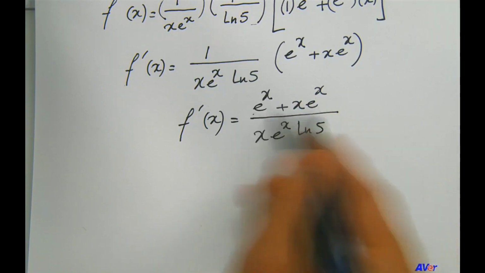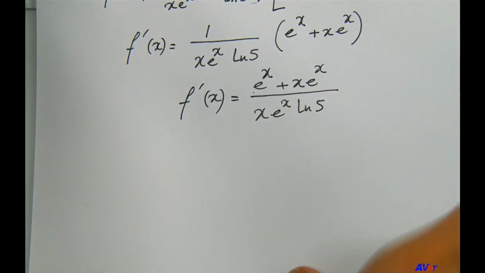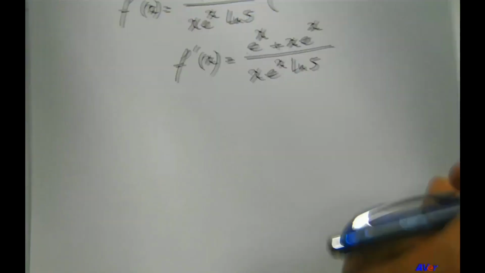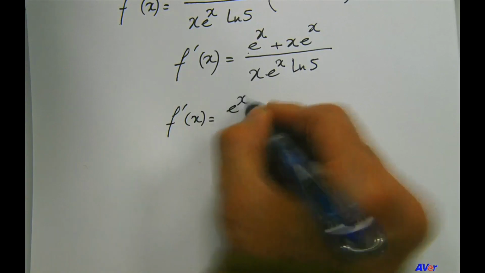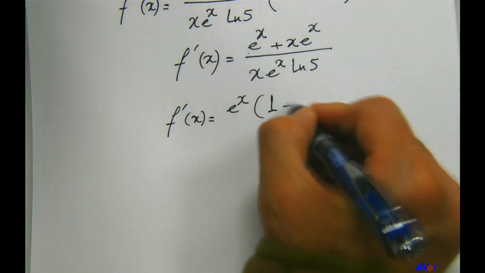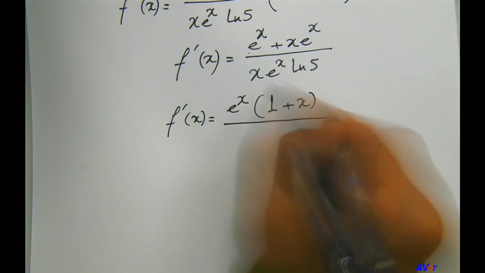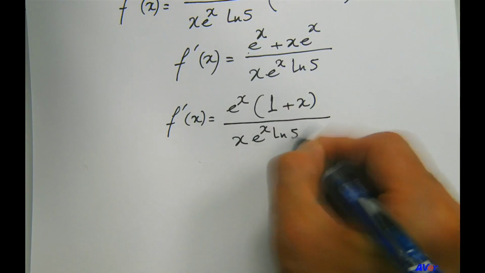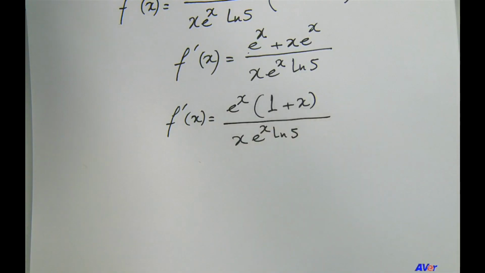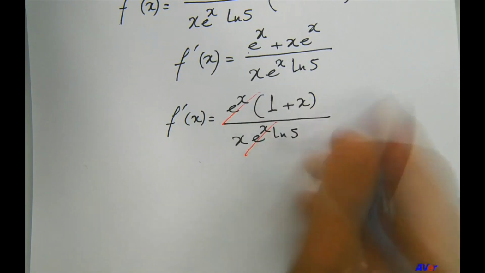Okay, so in the numerator we can factor out e to the x, right? Let's do that. Times 1 plus x, and then in the denominator we have e to the x. So these two cancel out.